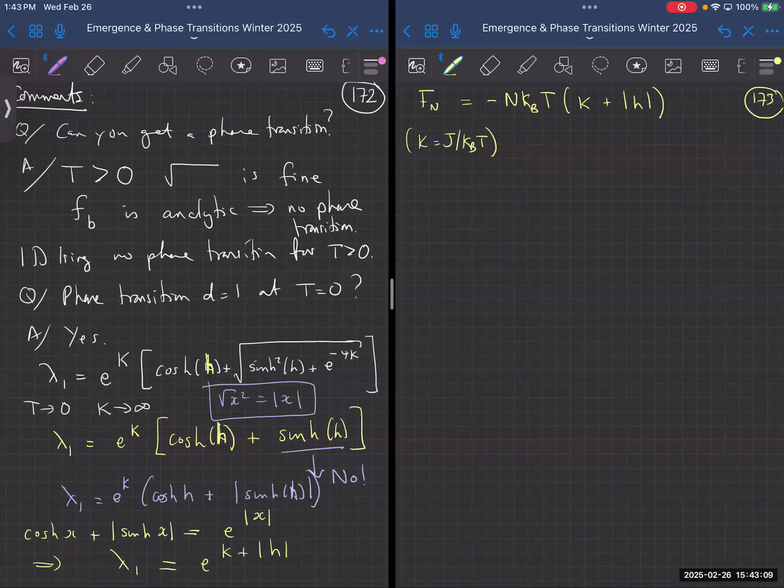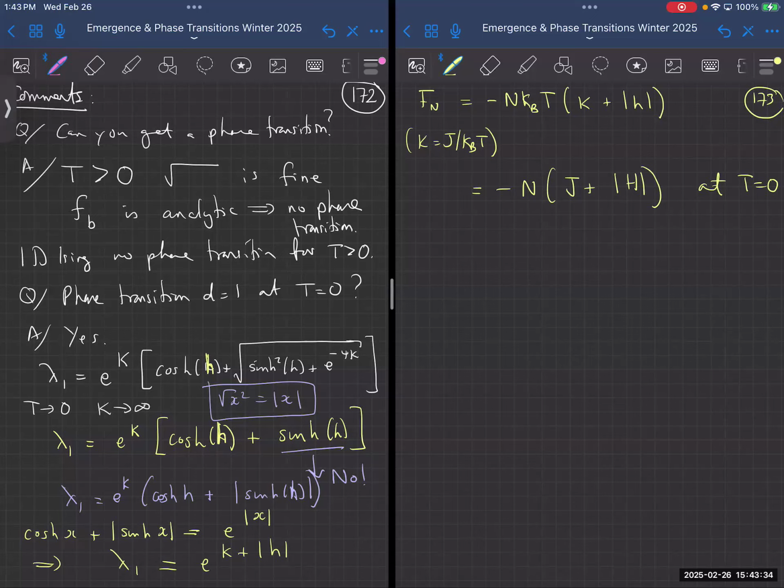The reason I kept this k in there is because now it cancels out. So I get minus N times J plus the absolute value of h at T equals 0. I kept the k in there because the T cancels, so I can take the T goes to 0 limit.